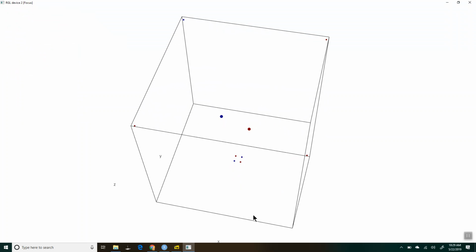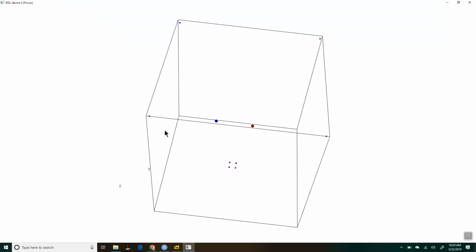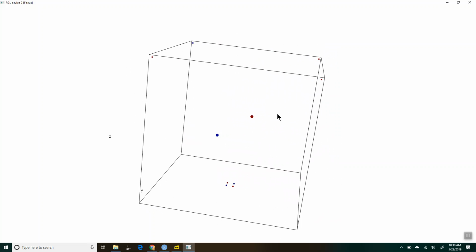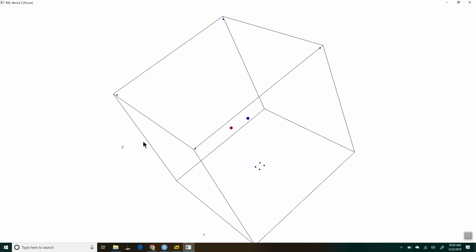With the new initial assignments, this point and this point are red, along with these 2 points on the bottom. And there are only 3 points assigned to blue, and so the centroids end up looking something like this in 3-dimensional space.